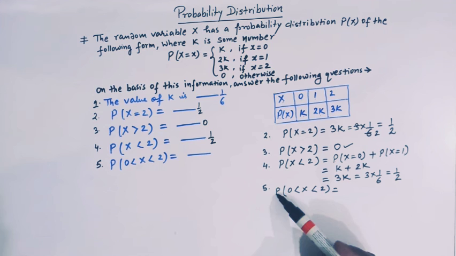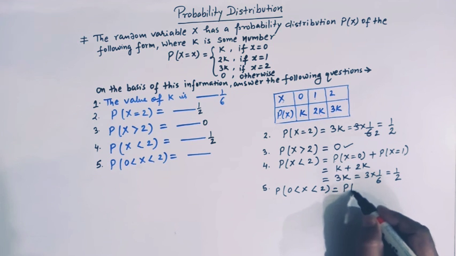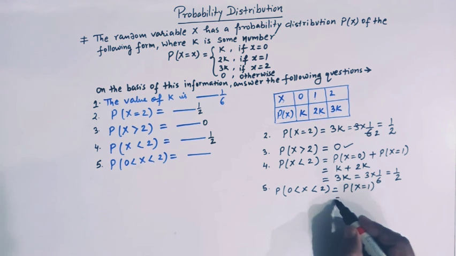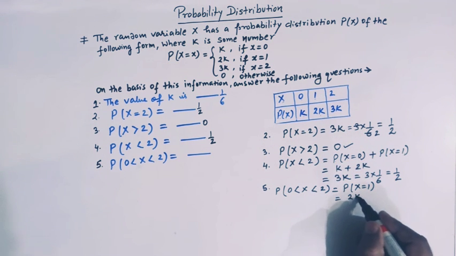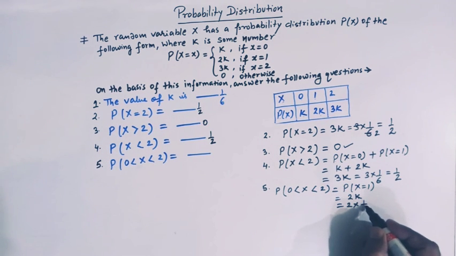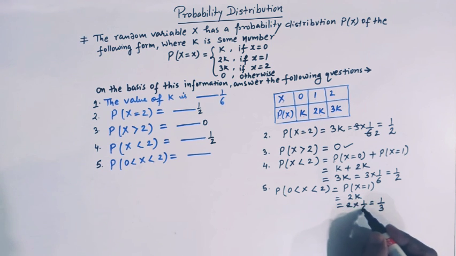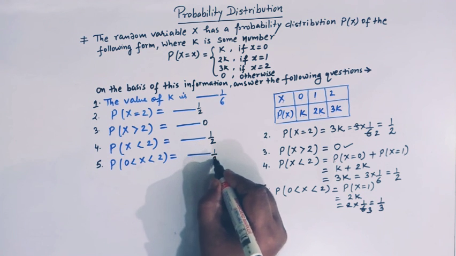So the value of p when x is greater than 0 but less than 2 is simply given by p of x equal to 1, and p of x equal to 1 is 2k, and the value of k is 1 over 6. So this is 1 over 3, right? This is 2 sixths, so this is 1 over 3.